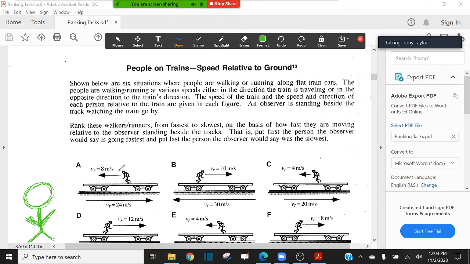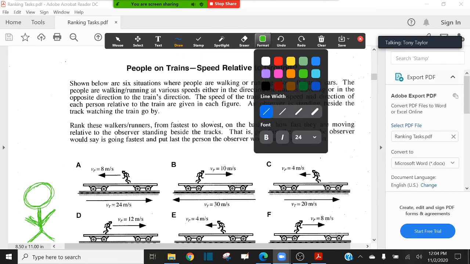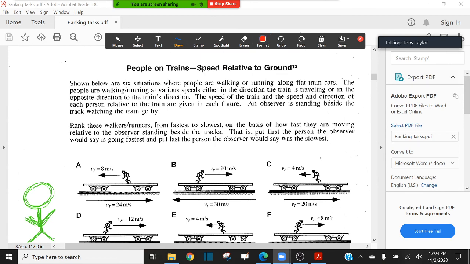Whenever you are working these problems, it's very important that you get your sign correct. Any object that is traveling toward the east, you want to call that direction positive. And any object that's traveling toward the west, you want to call that direction negative. So if you combine positive 24 with negative 8, what you get is positive 16 meters per second.